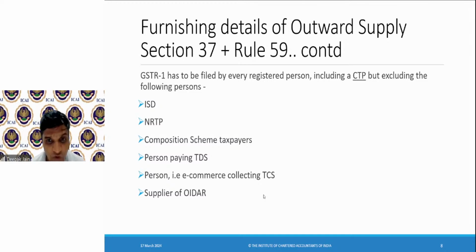Composition pays tax on turnover basis, not on person, on turnover, as a percentage of turnover. So, Harshit, your understanding is wrong, or you're confused, because you're saying the composition taxpayer pays on turnover basis, not a percentage of the turnover.